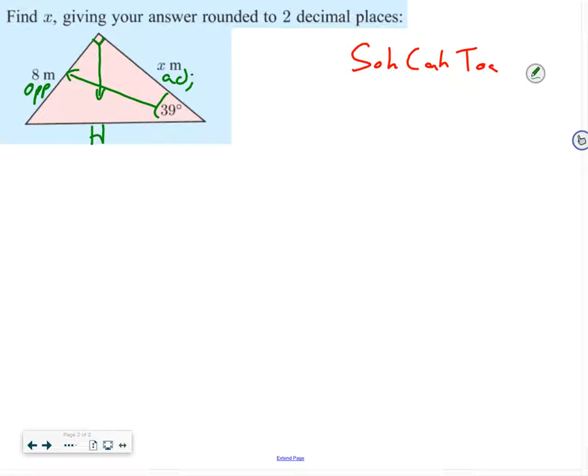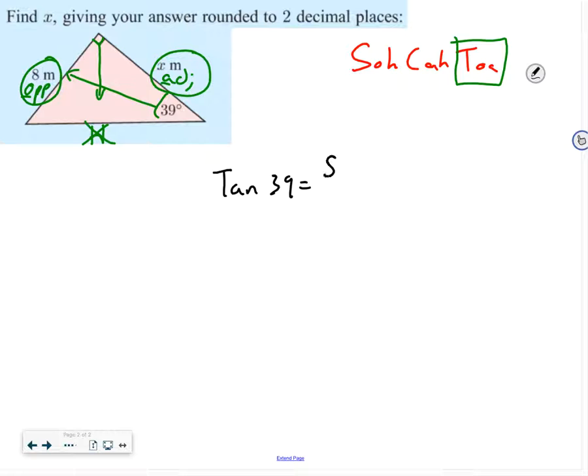Okay, well, I know my opposite side, and I'm trying to find my adjacent side. I'm not using my hypotenuse. So opposite and adjacent is going to lead me to tangent. So setting up my trig ratio, I have the tangent of some angle, which is 39 degrees, is equal to the opposite side, so that's 8, over my adjacent side, which is x.